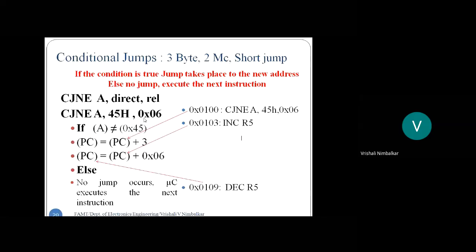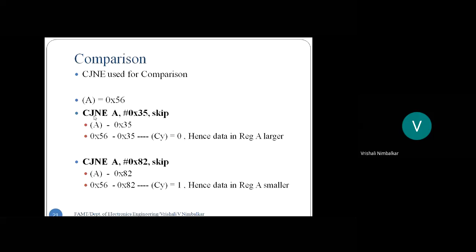Okay. So normally when we write the instruction, we write it like this. CJNE A comma, with whom are you comparing? 35 hex. And where do you want to jump? Give a label. Skip is the label. So the instruction is going to compare the accumulator and 35 hex data. What is there in the accumulator? I have assumed 56 hex. So internally what is going to happen? 56 hex minus 35 hex.